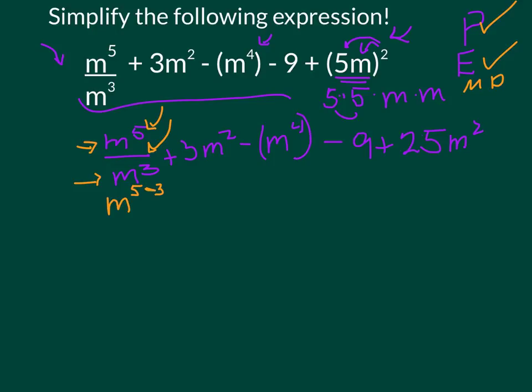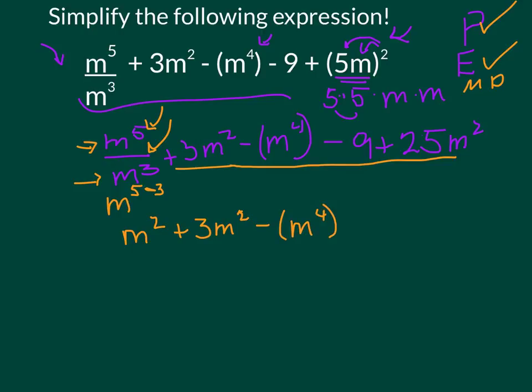And 5 minus 3, of course, is 2, so I've got m to the 2nd power. Bring down the rest of my problem. I've got plus 3m squared minus the quantity of m to the 4th power minus 9 plus 25m squared.